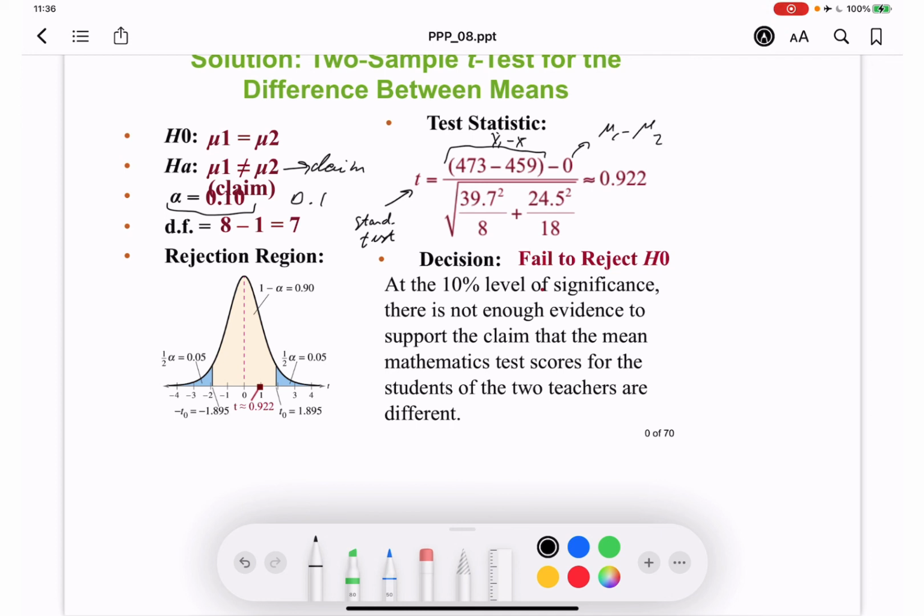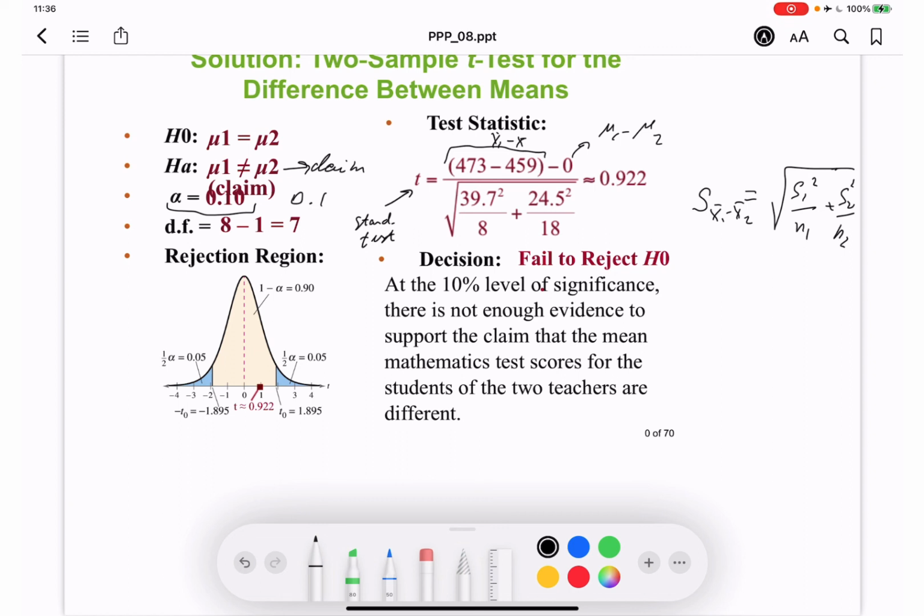This is our square root, this is s of x1 minus x2, which is, remember, s1 squared over n1 plus s2 squared over n2. I'll see if I can find some way so you won't have to calculate this by hand anymore. So we'll see. I'll figure out something, and check the link under this video, in the comments.